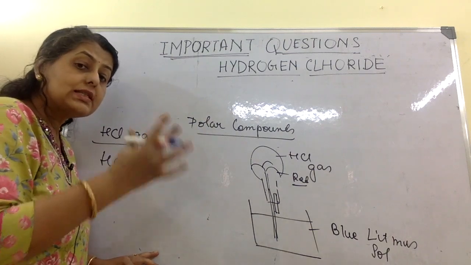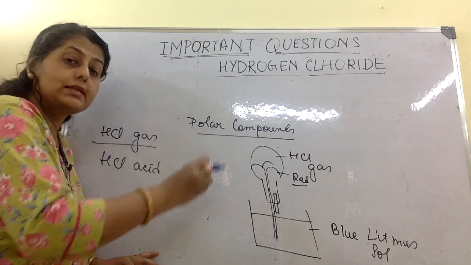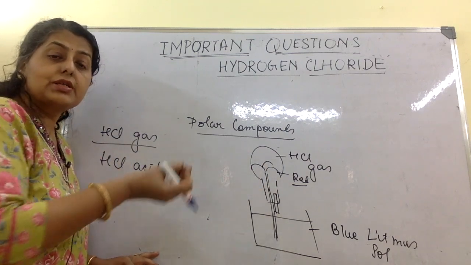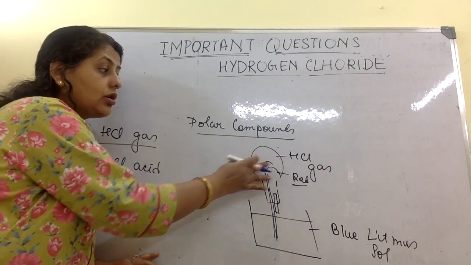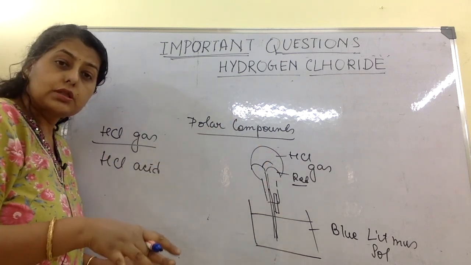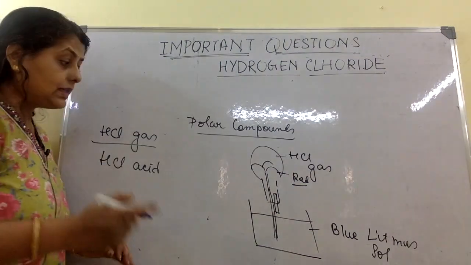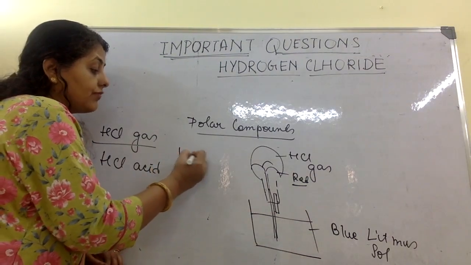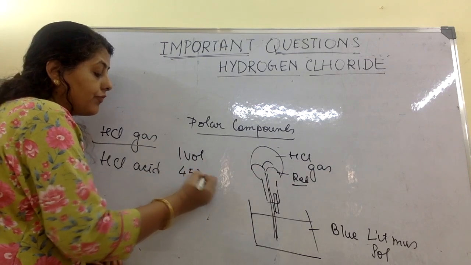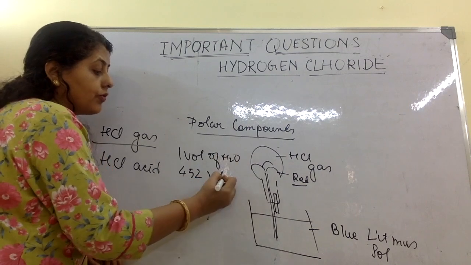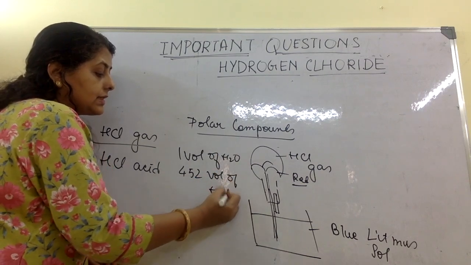This tells us how highly soluble HCl is in water, because just a few drops and a lot of gas gets dissolved in it. For HCl gas, 1 volume of water will dissolve 452 volumes of HCl gas.